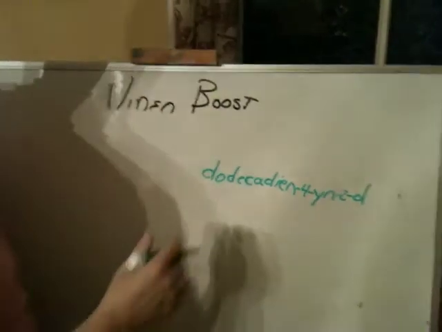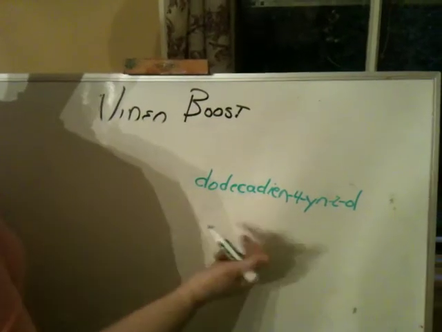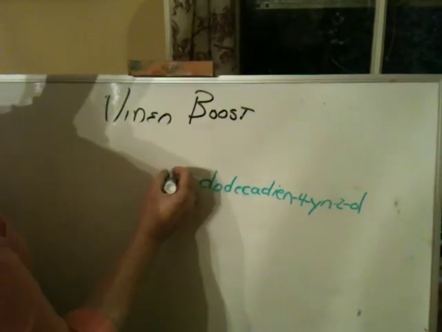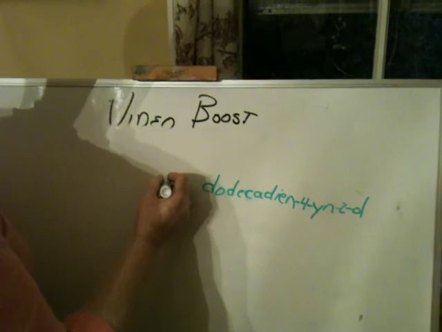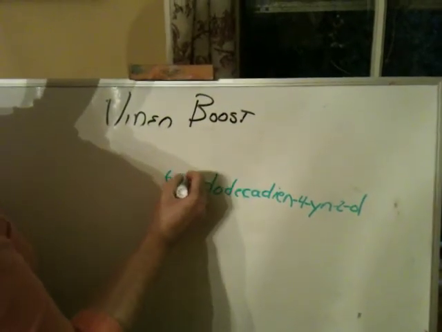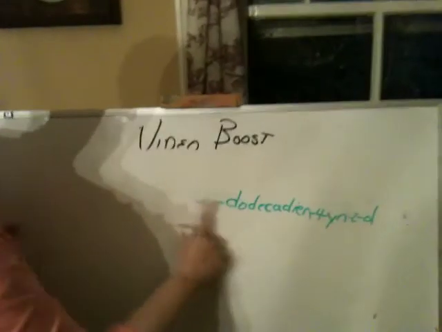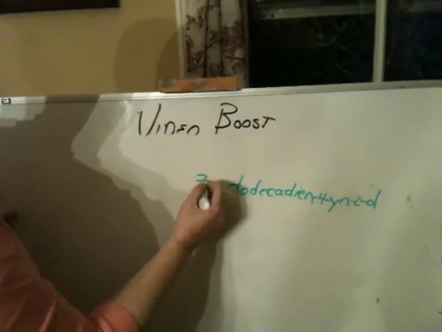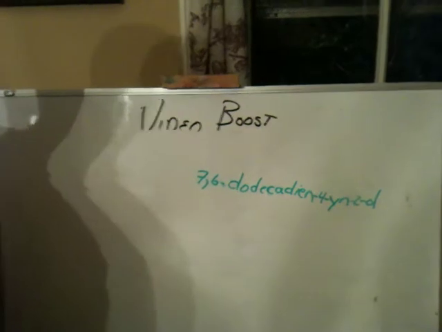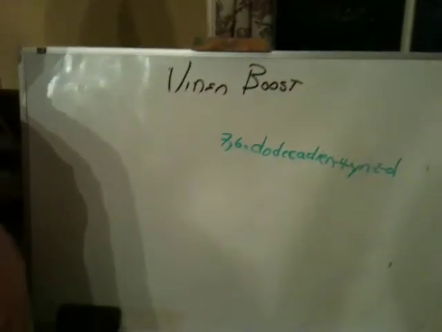We'll see if my name's good. And then maybe a 6, 7. Let's see if this works. Maybe I'll put it a little farther out. I'm guessing a little bit here about the structure. I'm trying to visualize it. So 7, 6, dodecadiene, 4-ein, 2-all.